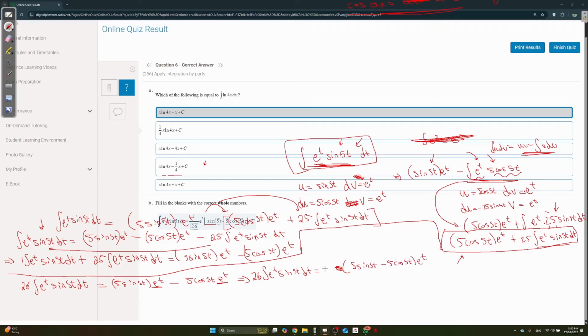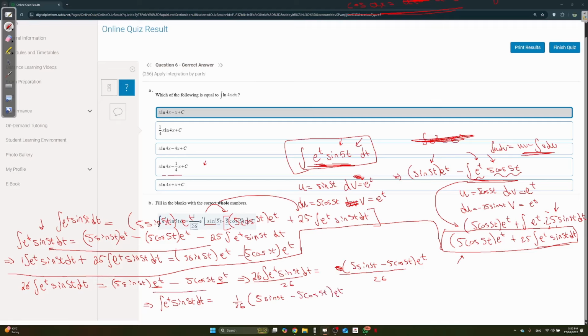Now if we just divide by 26 on both sides, what's it going to look like? It's going to be integral e to the t sine 5t dt equals 1 over 26 times 5 sine 5t minus 5 cosine 5t e to the t.